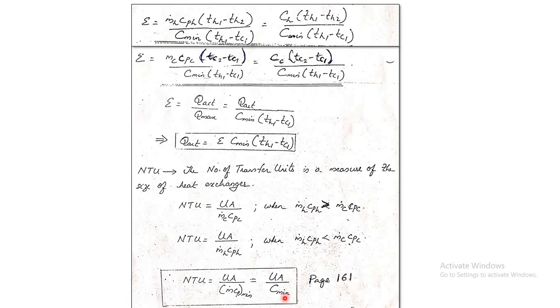If mhCph is greater than mcCpc, then mcCpc is minimum, so NTU is equal to UA by mcCpc. When mhCph is less than mcCpc, mhCph is C minimum, so NTU is equal to UA by mhCph.